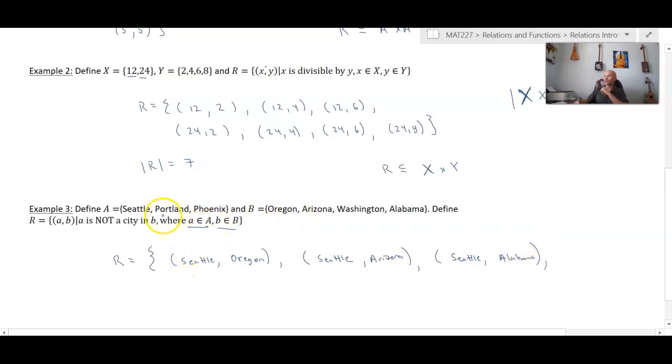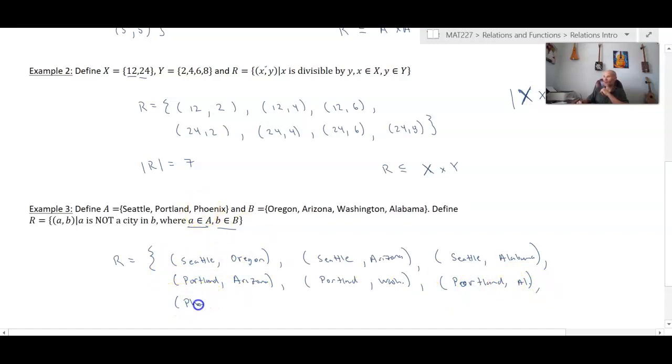Now, I do the same thing for Portland. Portland is in Oregon, so I'm not going to include Portland, Oregon, but I will include Portland, Arizona. I will include Portland, Washington, and I will include Portland, Alabama. And now I'll do the same thing for Phoenix.